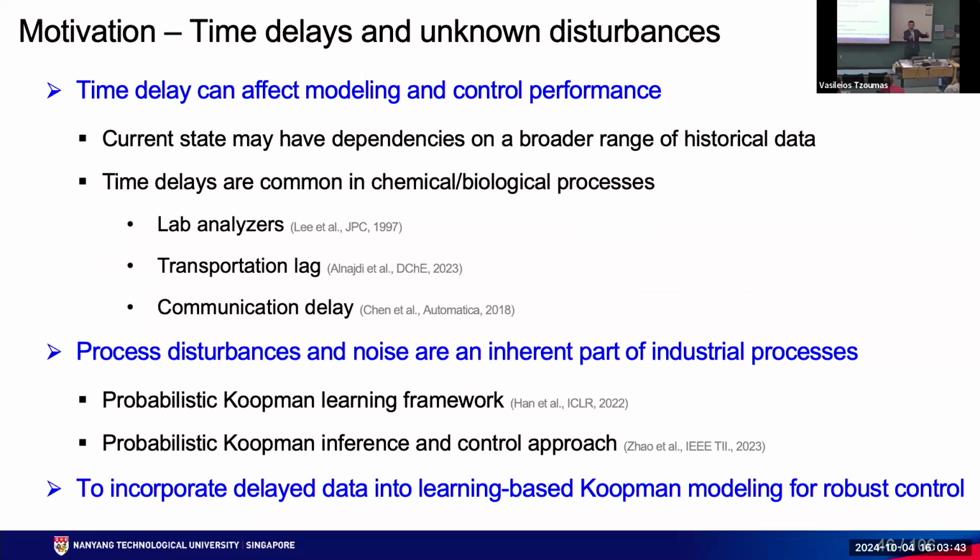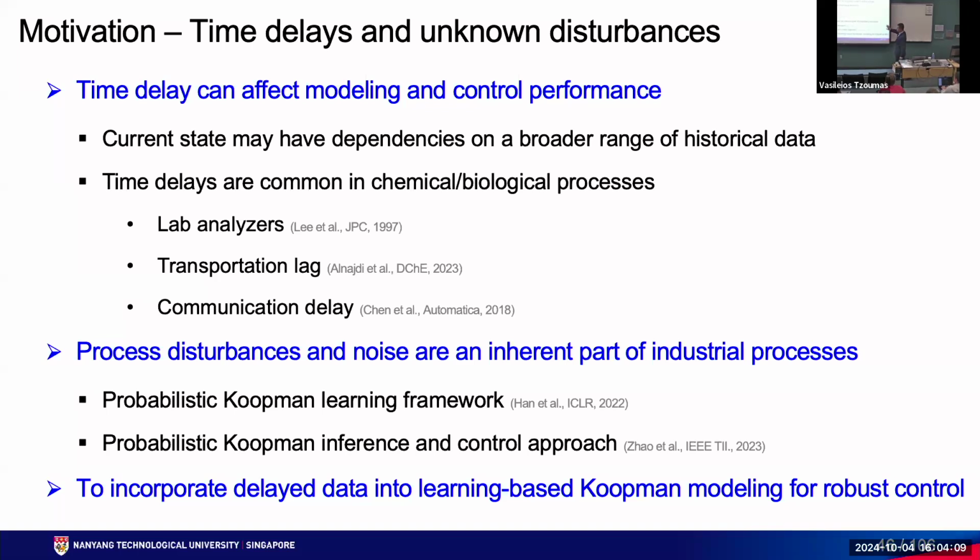When we transfer material from a distillation column to a reactor, and then send it to another, for example, heat exchanger or reactor, it takes quite a long distance and long time to travel. This also creates time delays. Communication delay sometimes exists, but it's not so significant in the process industry. So these are some factors that motivate us to consider time delay systems.